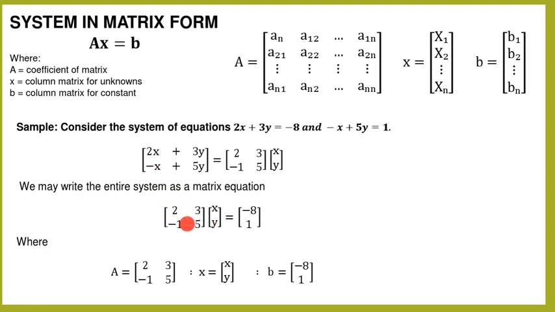So this one is our A. This is our coefficient of the system of equation. This is our x, our variables or our unknown. And the B is this. This is our constant of equation. So this is the form of our linear equation into a matrix form.